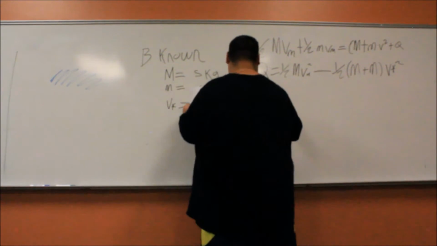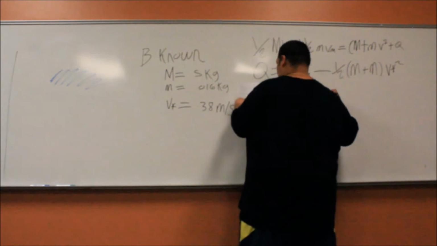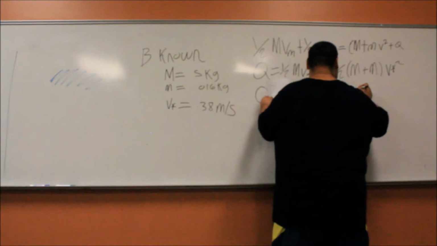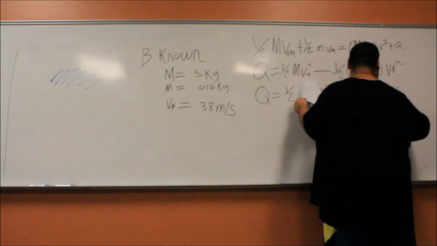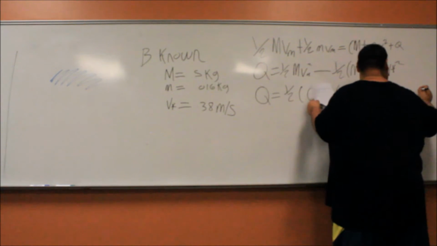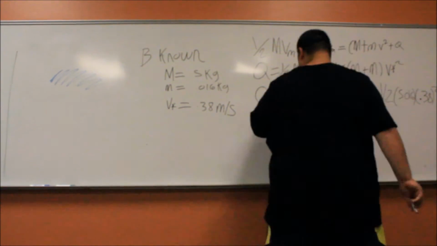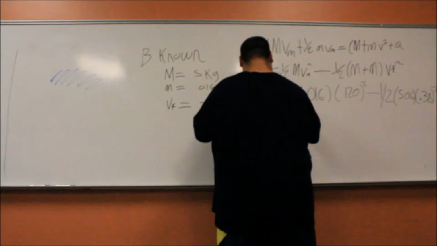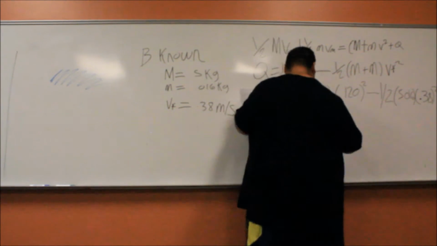Q equals 1/2 times 0.016 times 120 squared minus half times 5.016 times 0.38 squared, which equals heat, 115 joules.